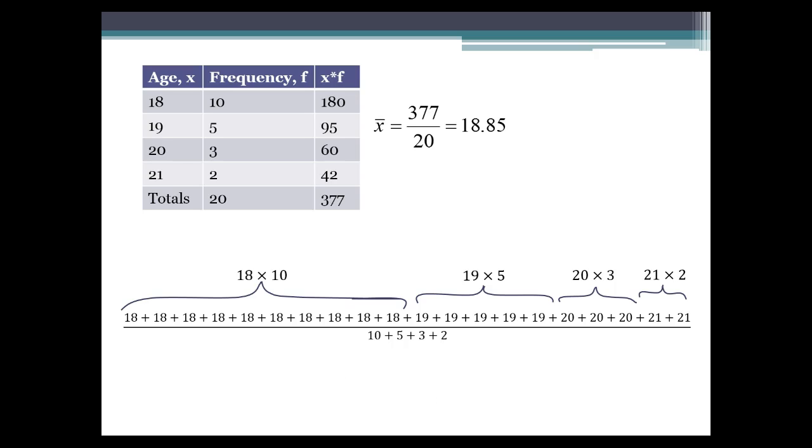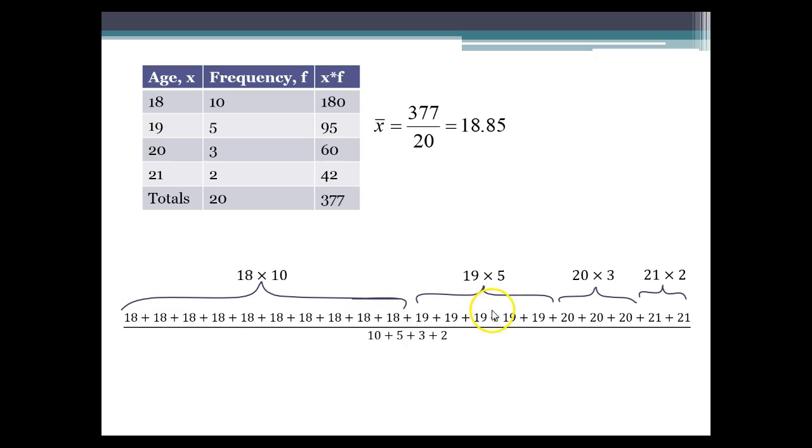Here's why that formula works. So if we were to take this data and write it out, we got 10 18-year-olds. So 1, 2, 3, 4, up to 10 18-year-olds, 5 19-year-olds, 3 20-year-olds, and 2 21-year-olds.